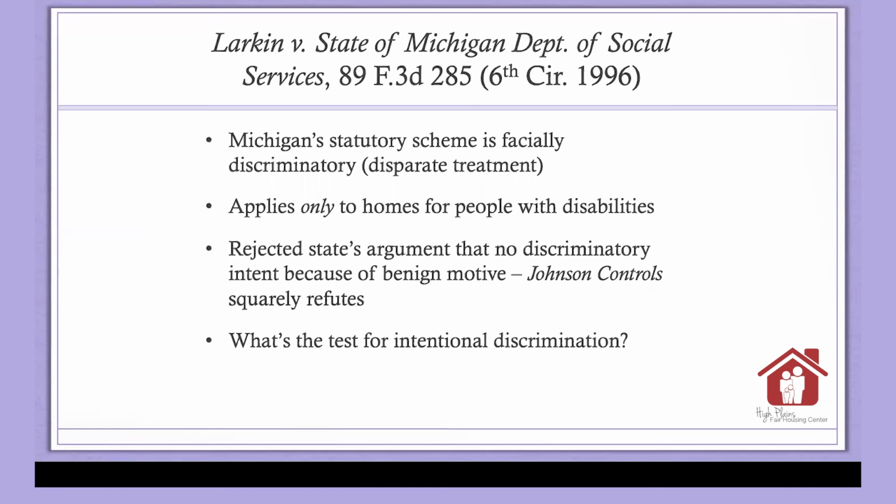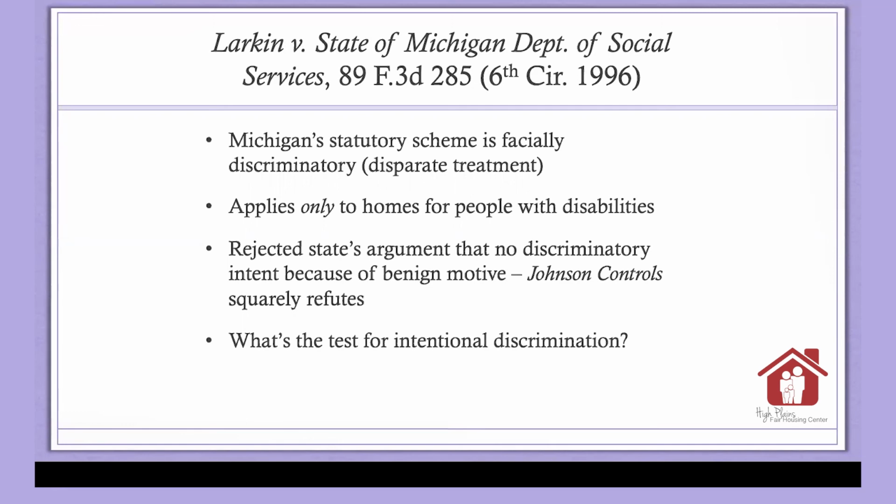So I mentioned there was borrowing with employment discrimination, and here's one where the borrowing causes the housing discrimination law to develop in alignment with employment discrimination law: it doesn't matter if the discrimination is done for a benign reason, because we want good things to happen for people with disabilities, or whatever the argument is. There is no justification allowed for discriminatory intent here, where the statute on its face only applies when we're trying to house people with disabilities.